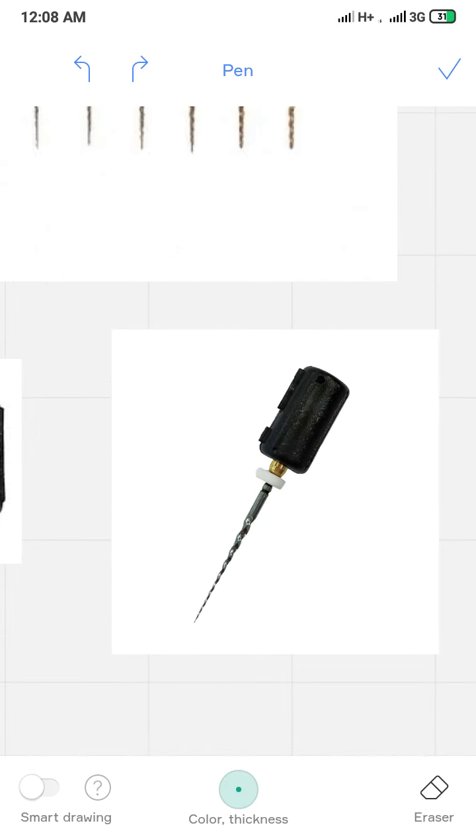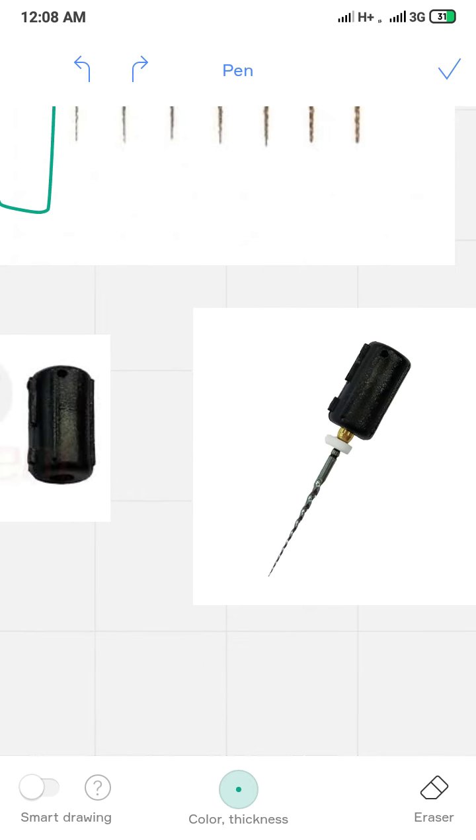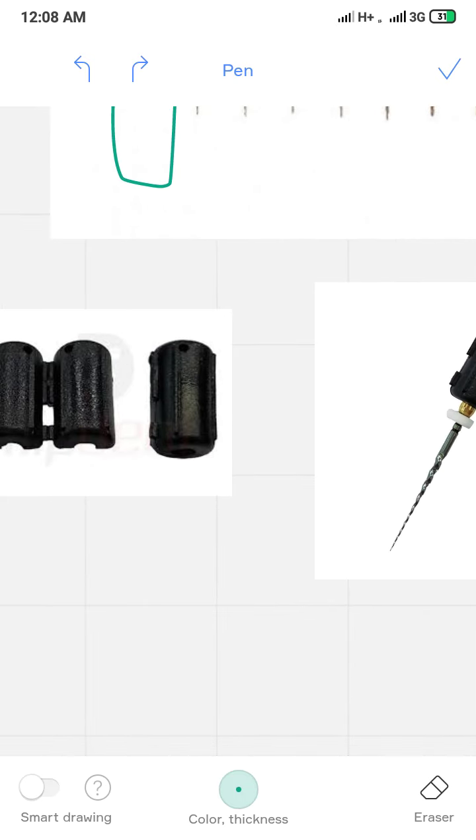You can also buy ProTaper hand files that have inbuilt handles. If you want to try another rotary file system but you don't have an endomotor, you can use these hand file grips.